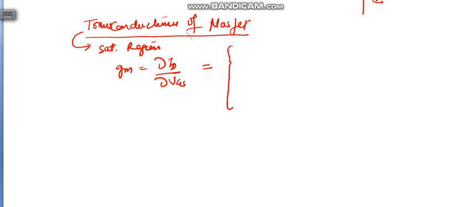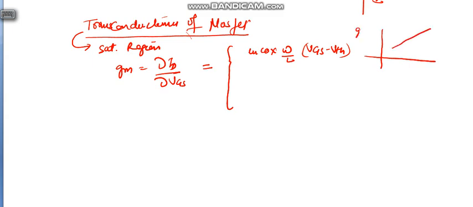The first equation is mu n COX W by L (VGS minus VTH). In this case the plot will be something like this. So this is Gm and this is VGS minus VTH, with W by L constant.